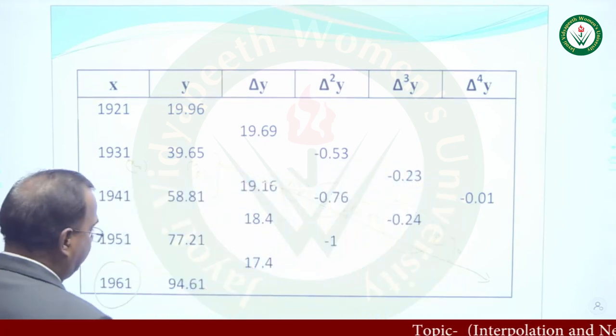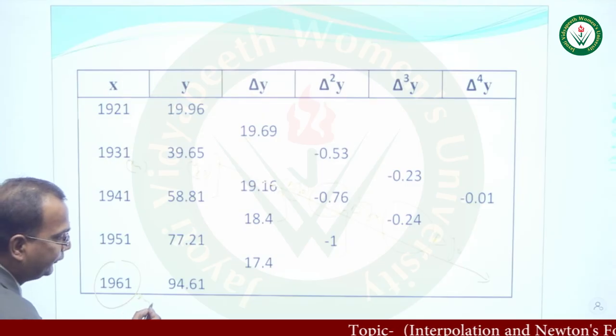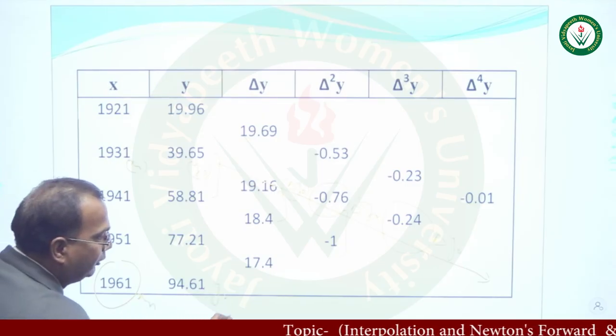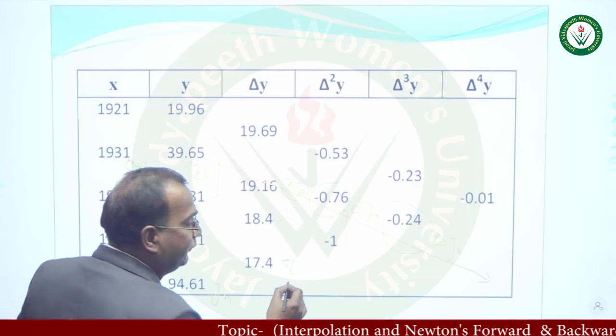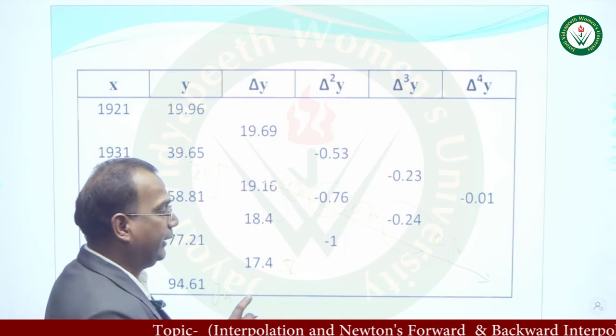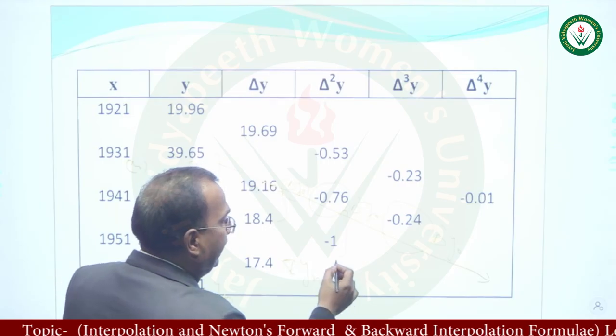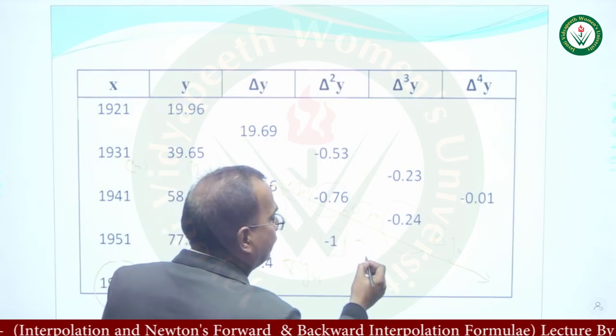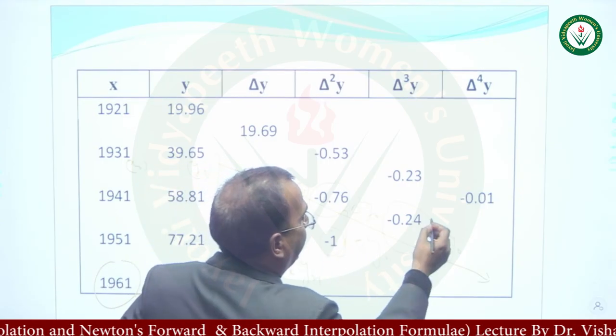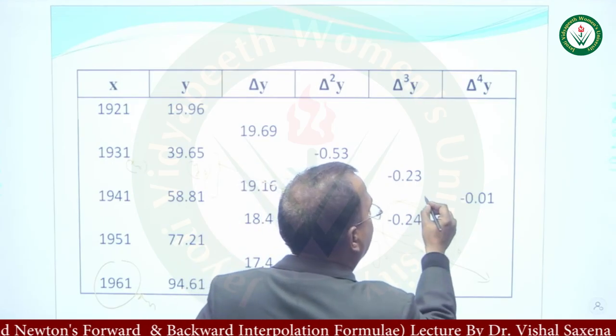So in this way, I am taking this one as xn, then it is yn. Next it is nabla, because we are saying it is the backward interpolation formula. So nabla is the notation, nabla yn. Then nabla square yn. Next it is nabla cube yn.